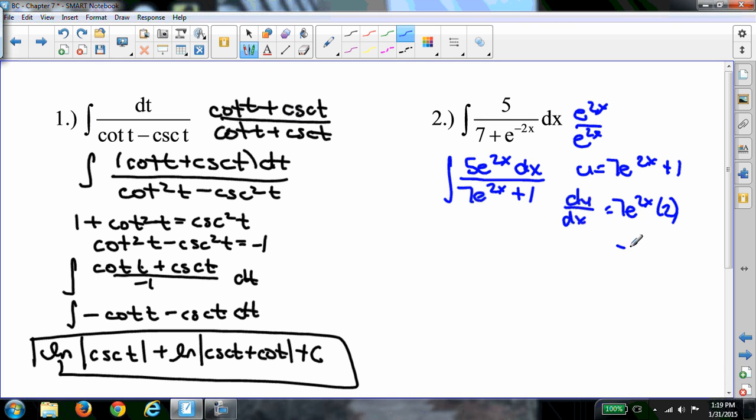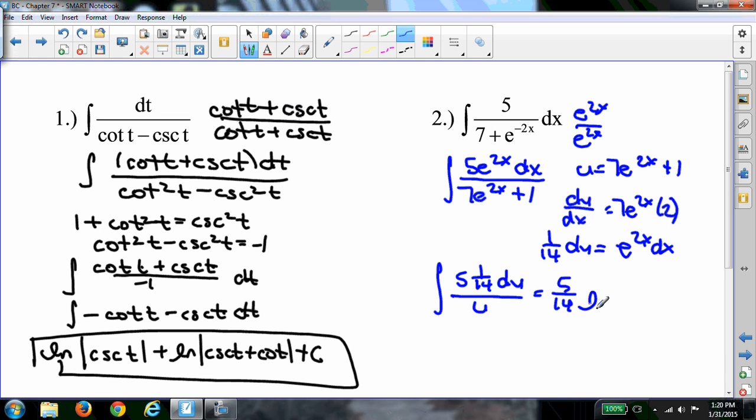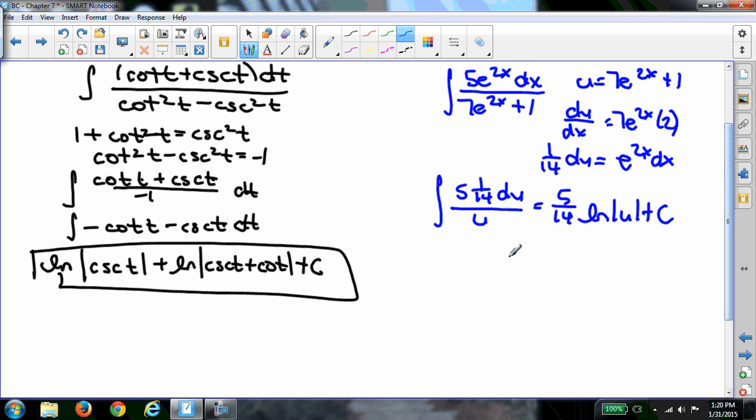And solving for e to the 2x dx, we get 1/14 du. So now I can rewrite this integral as 5 times 1/14 du, all divided by u, making the antiderivative 5/14 natural log of the absolute value of u plus c, and then replacing the u, we get 5/14 natural log of the absolute value of 7e to the 2x plus 1 plus c.